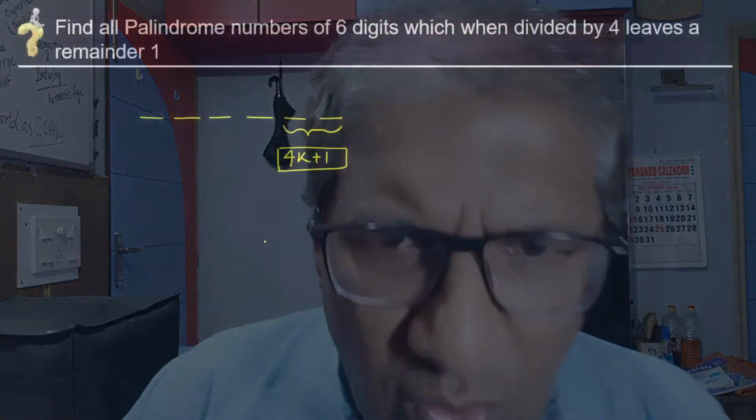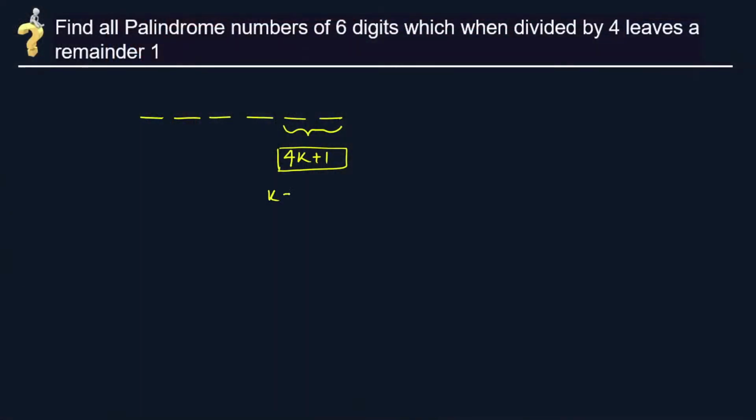Now, your k will start from 0 and it will go till 24. Because for 2-digit numbers which, when divided by 4, leave a remainder 1, the maximum value k can take is 24. If k becomes 25, it will become a 3-digit number, which I don't want. Is it clear to everyone?